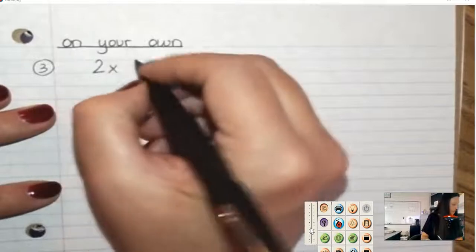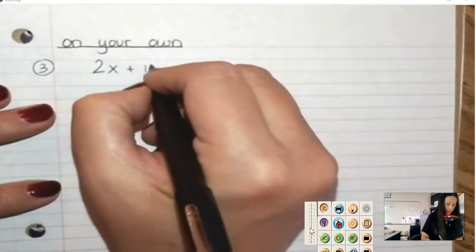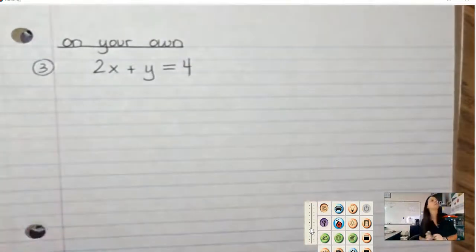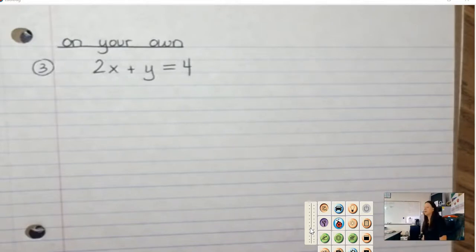Okay, the equation is 2x plus y equals 4. 2x plus y equals 4. So first, put it into slope-intercept form, and then you're going to graph it.